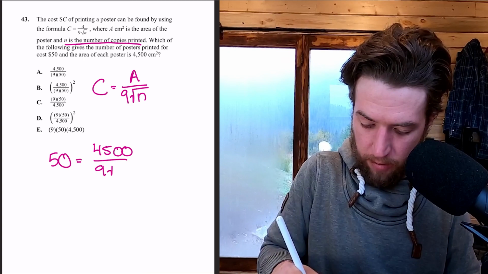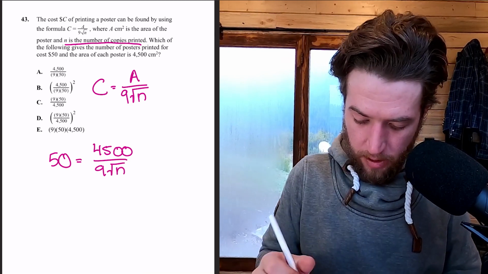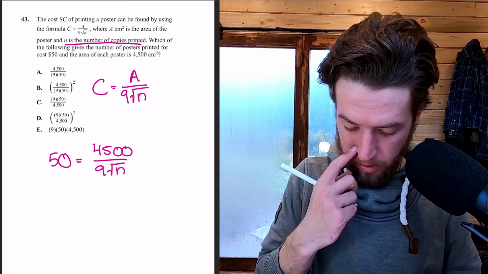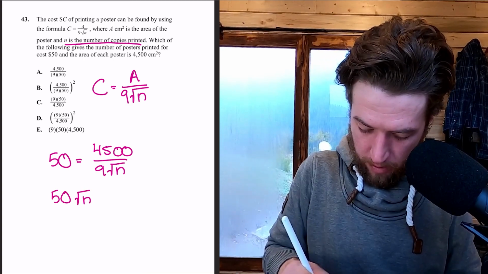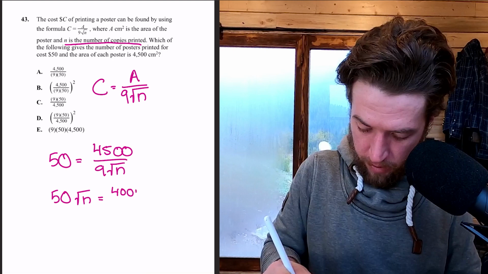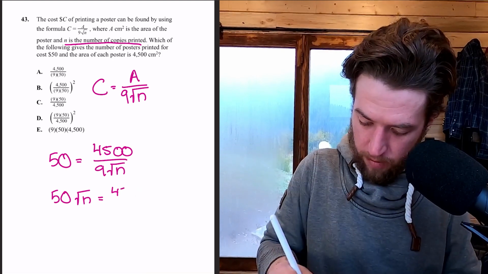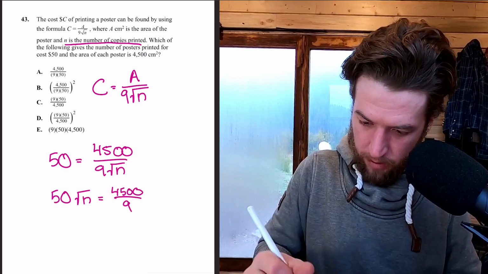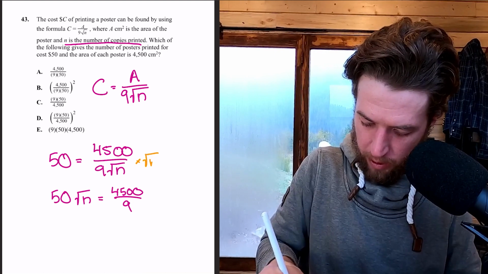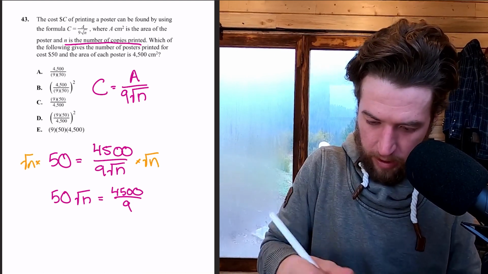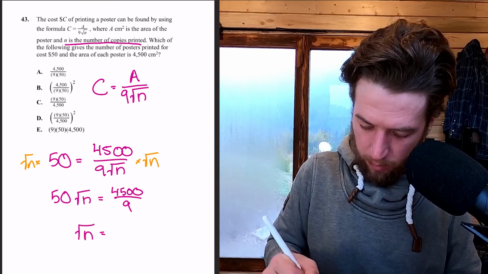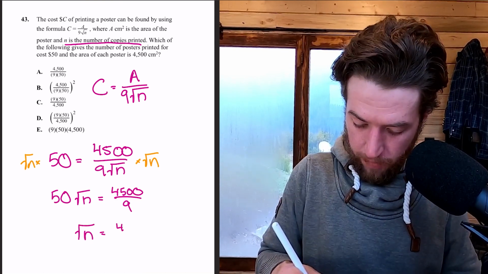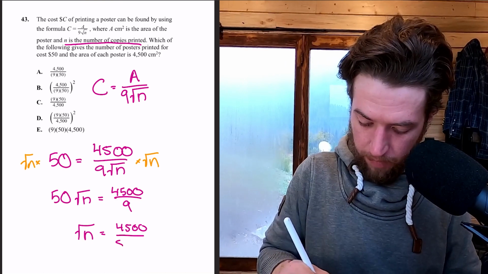And that's over 9 root N. Okay, so multiply root N on both sides. So 50 root N equals 4,500. Oops, 4,500 over 9. Okay, that was from multiplying by root N on both sides. And then divide by 50 on both sides. So root N should equal 4,500 over 50 times 9.